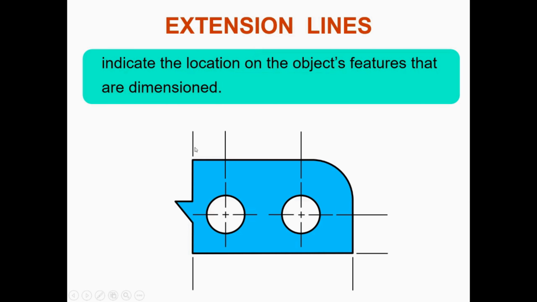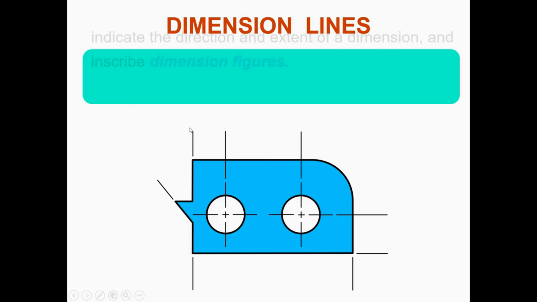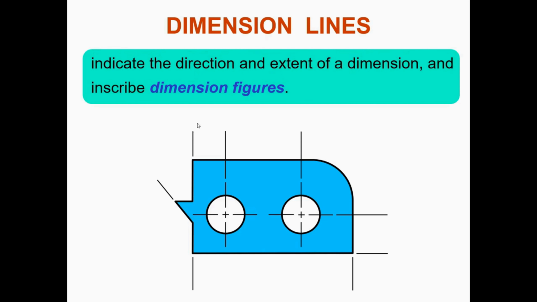You can also have the extension line in this orientation. You can also have it with respect to angle. Extension lines also indicate the direction and the extent of a dimension and inscribe dimension figures.